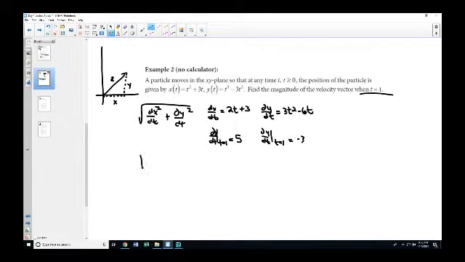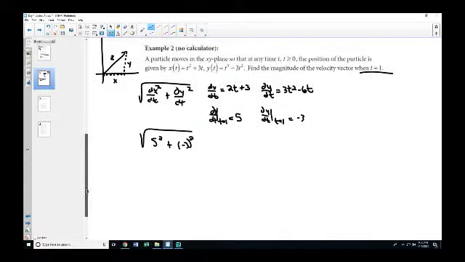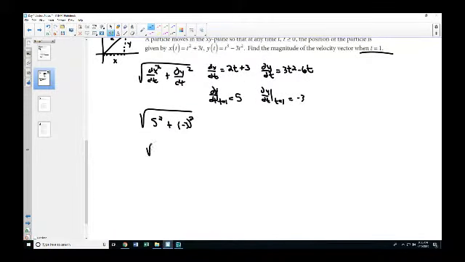So we have the square root of 5 squared plus 3 squared. 25 plus 9 is the square root of 34. And that's the answer? That's it.